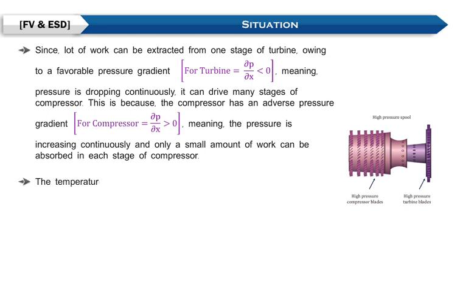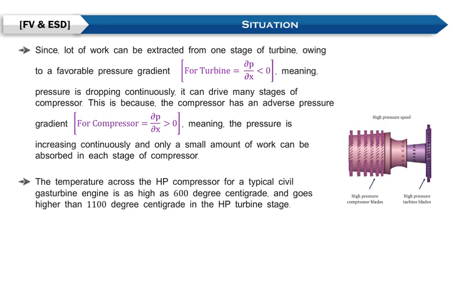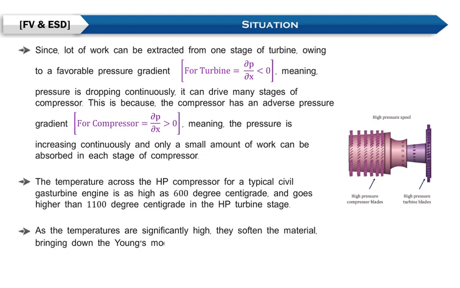The temperature across the HP compressor for a typical civil gas turbine engine is as high as 600 degrees centigrade and goes higher than 1100 degrees centigrade in the HP turbine stage. As the temperatures are significantly high, they soften the material, bringing down the Young's modulus significantly.